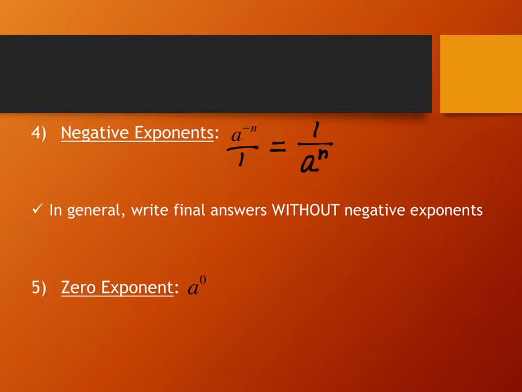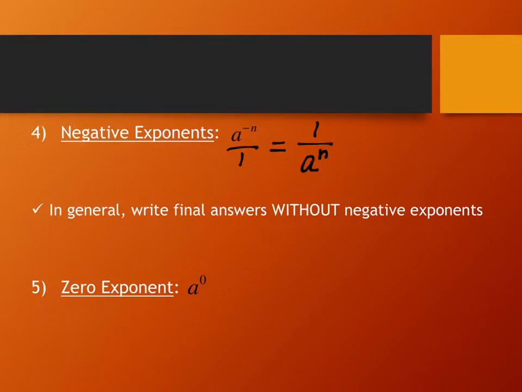What if it had already been in the denominator? What if I had a variable or a number with an exponent that was negative, but it was in the denominator to start with? You would move it to the numerator. So you're going to move it to whichever place it's not. If it's in the numerator, it's going to move to the denominator, and if it's in the denominator, it's going to move to the numerator.